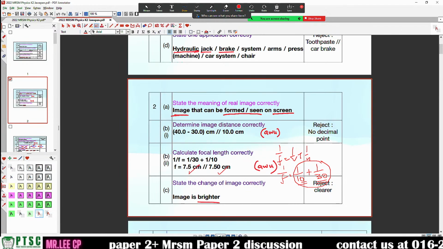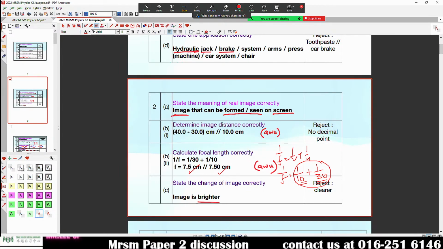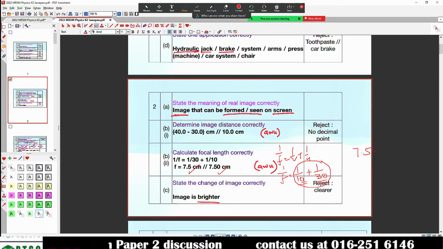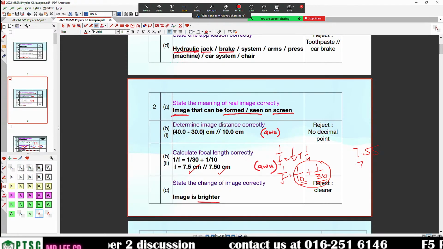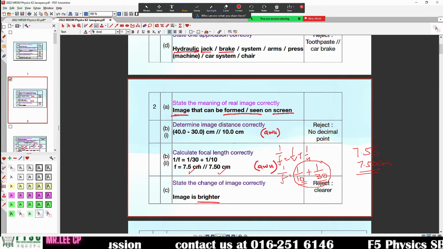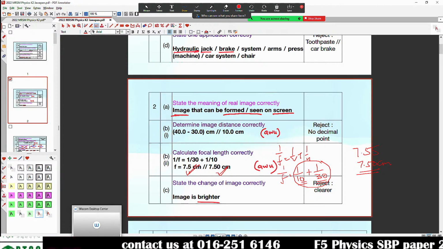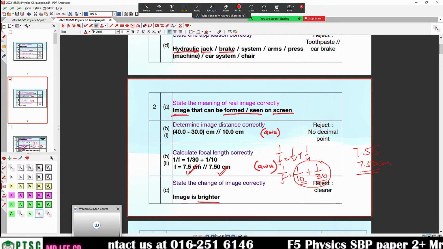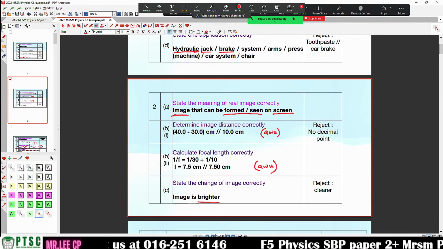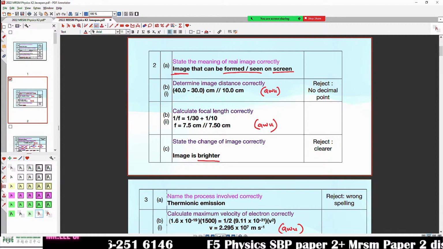But if you don't, will be okay. After you calculate, maybe you get 7.55. So that's why you need 7.50 cm. You need 2 decimal places. In SPM, I want you to follow this. SPM, follow it, so you have to have decimals correctly.